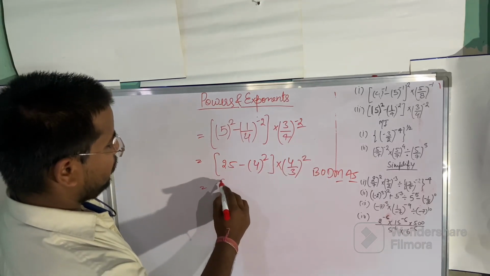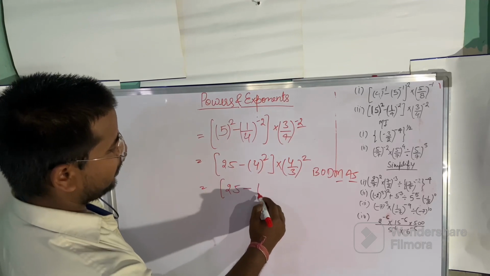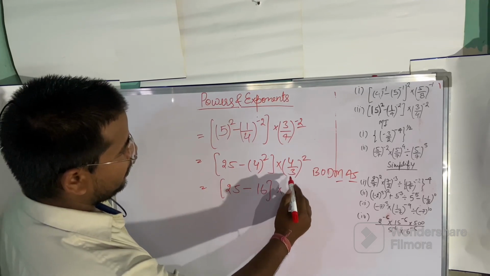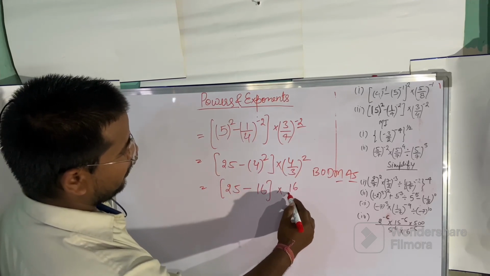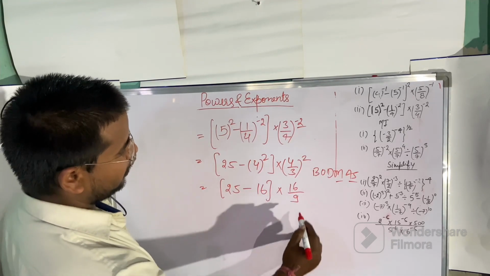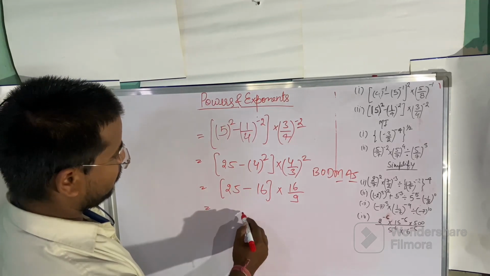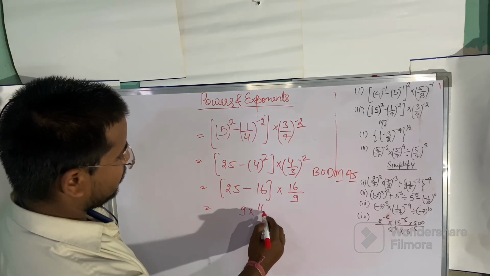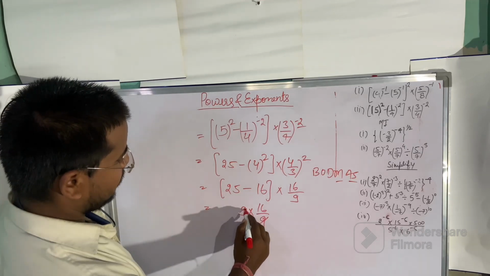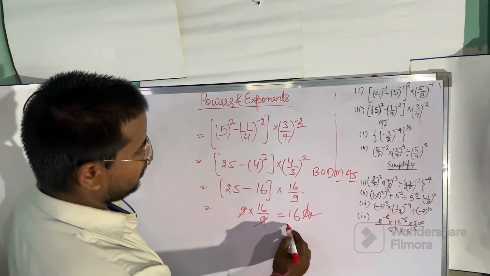Now it is 25 and 4 square, that means 4 multiply by 4, that is 16, and then the bracket: 4 square is 16, and 3 square means 3 multiply by 3, that means 9. If I subtract 16 from 25, it becomes 9. Multiply 16 by 9, the 9s cancel. So our answer is 16.